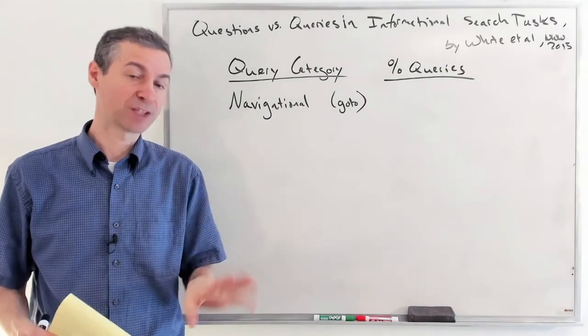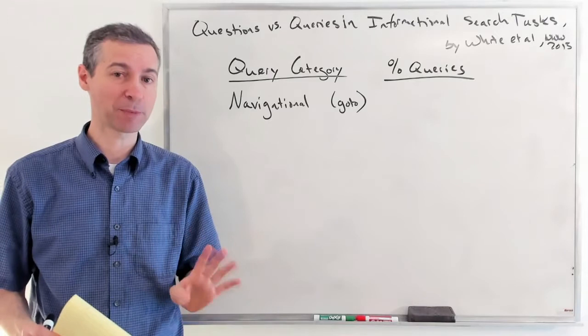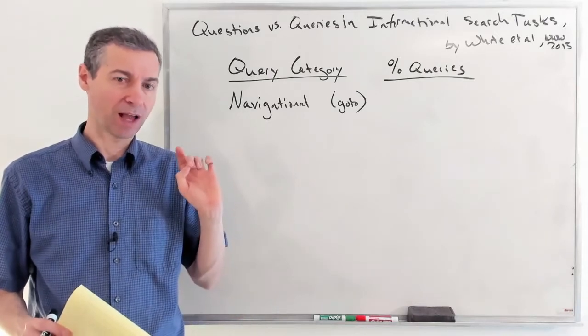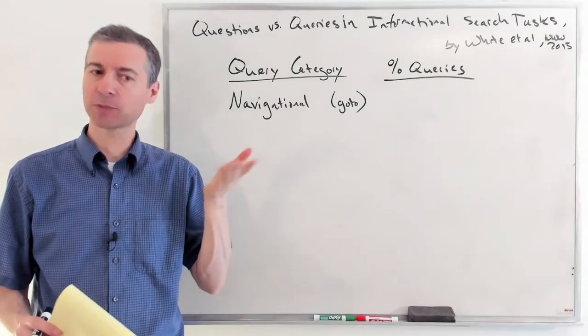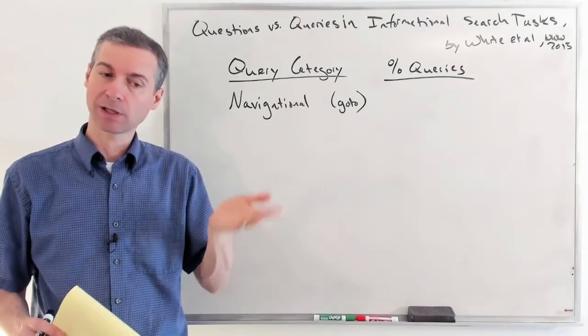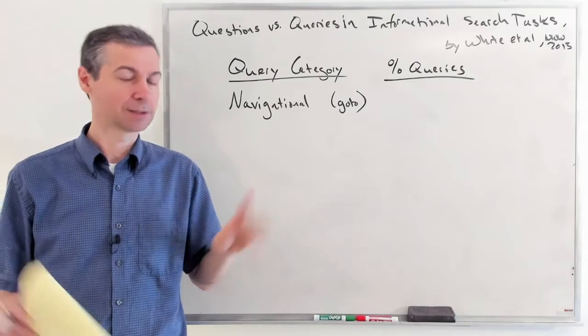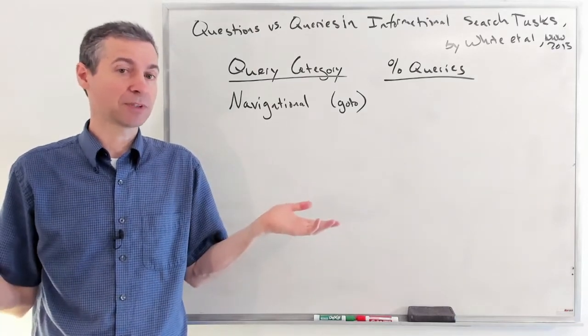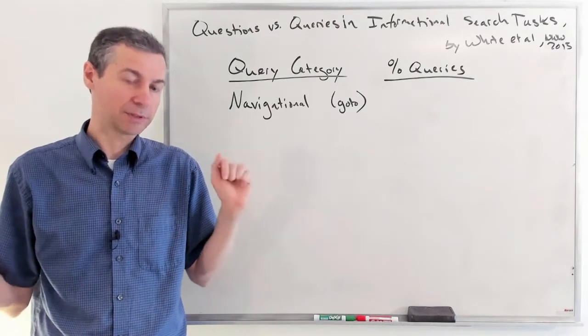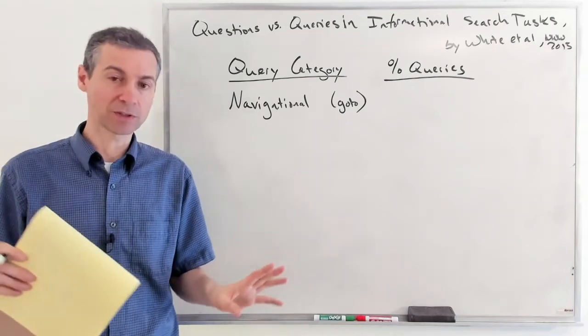Yes, Facebook is a very, very popular query. I want to log into Facebook, so I type Facebook into my search engine, I hit search, the first result is Facebook, and I click it. They don't type facebook.com. I don't know why, but this is what they do.